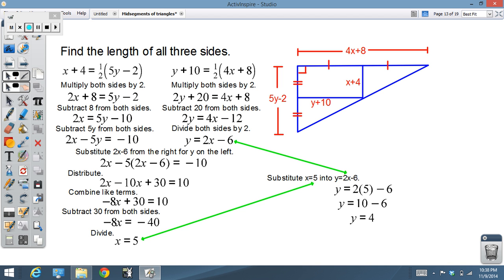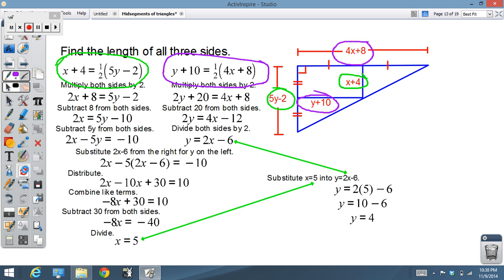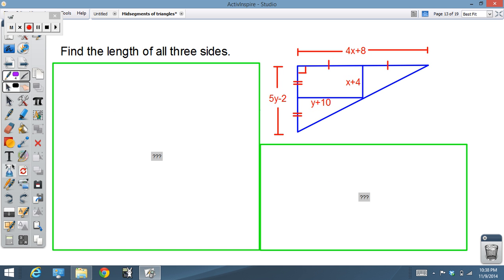Since x plus 4 has to be 1/2 of this side, there's that equation. Meanwhile, let me change to another color, purple. Y plus 10 must be half of 4x plus 8. Second equation.